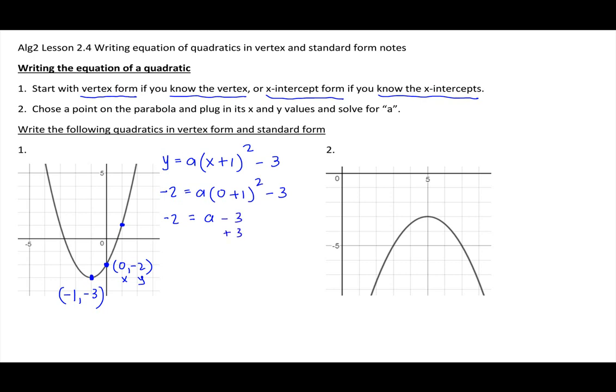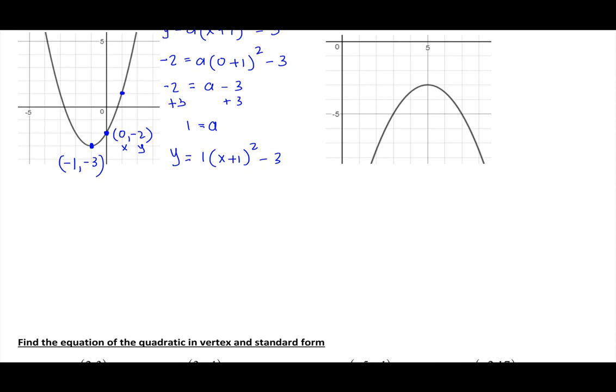If I add 3 on both sides, I know a is 1. Now I can write the equation in vertex form: y is equal to 1 times (x plus 1) squared minus 3. So that's the answer for vertex form.